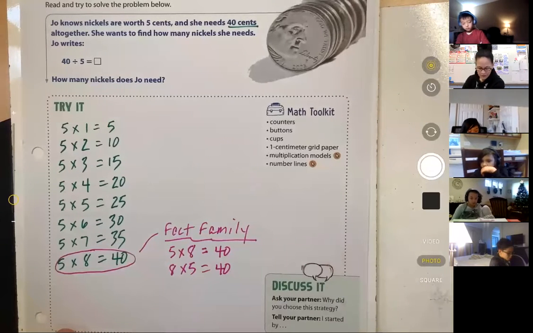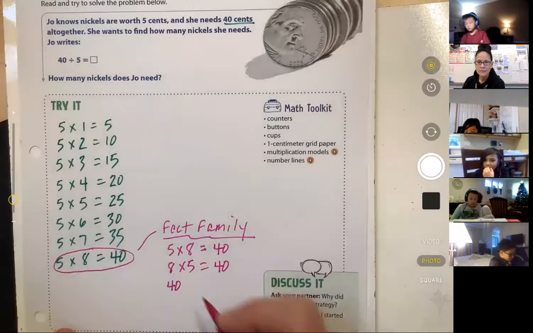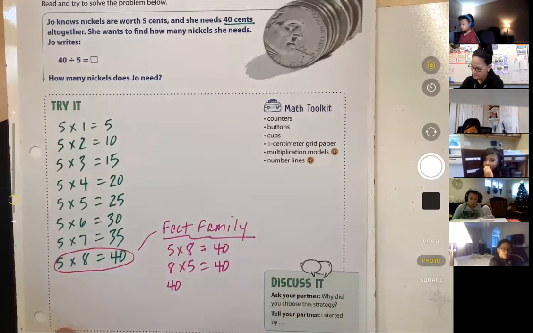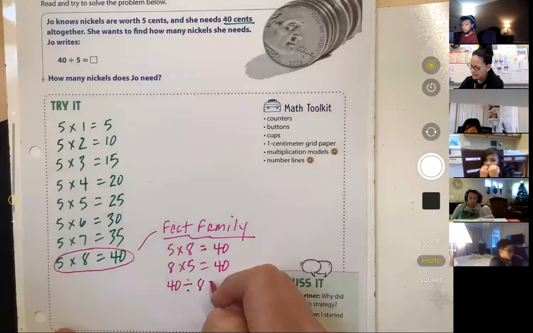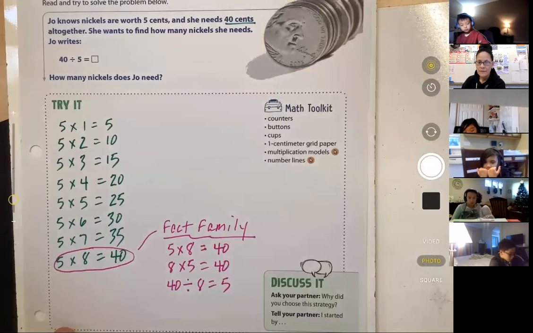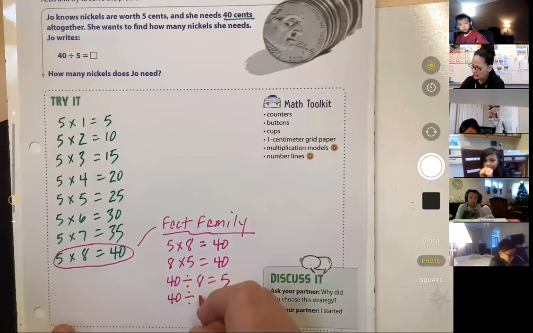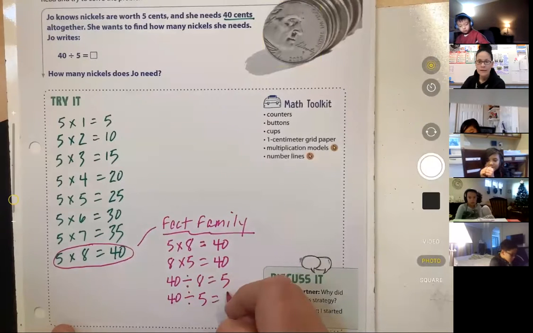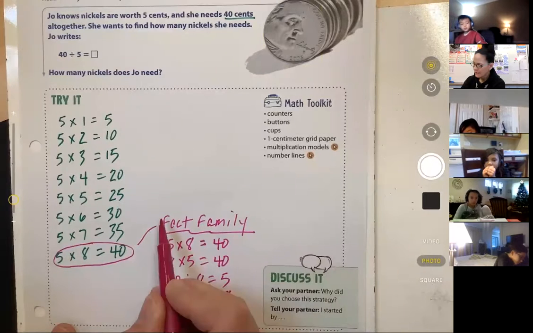And then with division, we can start with the 40 cents and split it up. And we could say 40 divided by 8 is 5. We could also say the 40 divided by 5 equals 8. Again, friends, this is our fact family.